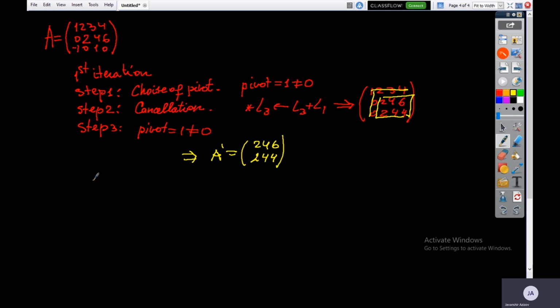We start the second iteration. We return to step 1. We take this matrix and consider the first element. Pivot is equal to 2, which is different from 0. Therefore, we move to step 2.